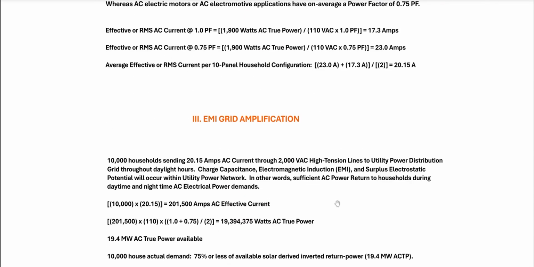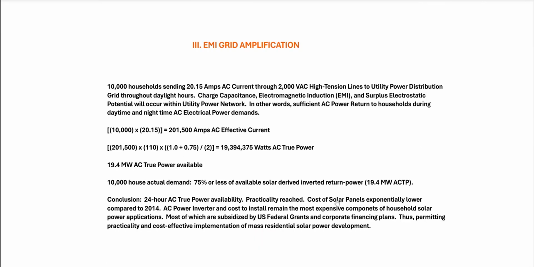But where solar actually gains its practicality is when, let's say we have 10,000 houses, each having 10 solar panels, and they're sending about 20 amps of current all together. So we have approximately 201,500 amps of AC current being sent through, let's say, 2,000 volt AC high tension utility lines, and then they go to a power distribution grid throughout daylight hours and nighttime hours, just a grid.